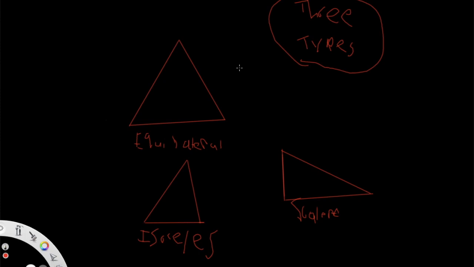Well, the easiest one to tell is probably an equilateral. So, the easiest triangle is an equilateral.